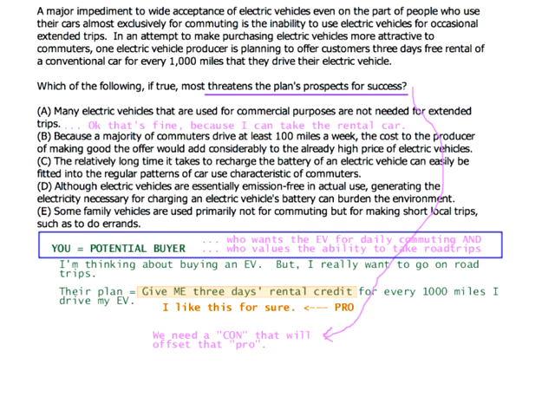B says that they would have to buy so many rental cars. They would have to pay for so many rental cars that it would make the EV super expensive. Well, I'm thinking about buying an EV. The EV is already really expensive, and this plan will make it way more expensive. If anything was ever a con, that would sure be a con.